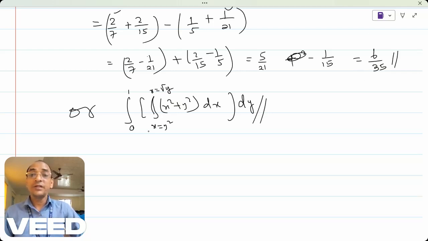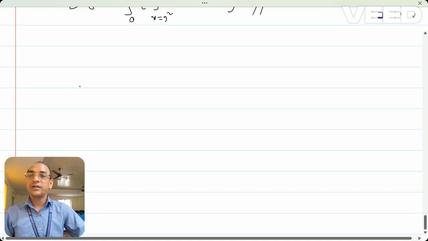But when you are changing the order, you have to take care of the limits appropriately, otherwise you will get a wrong answer. Next, another example I want to solve here.